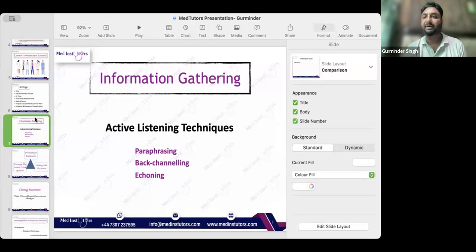Paraphrasing is where you change the information into your own words and restate it. Back channeling is where you give a response after listening to others. It's natural, we generally do this. We talk to our friends and we say, okay, fine, all right, yes, I got it. This is called back channeling. And then echoing, you can repeat a word or short phrase from the patient's answer.